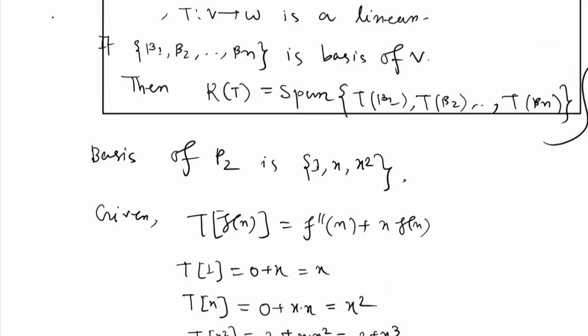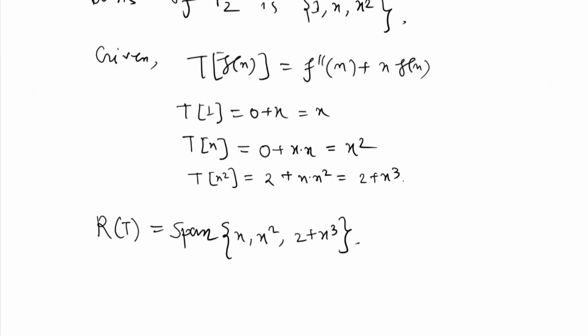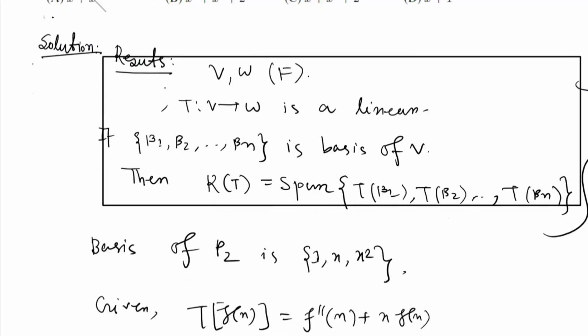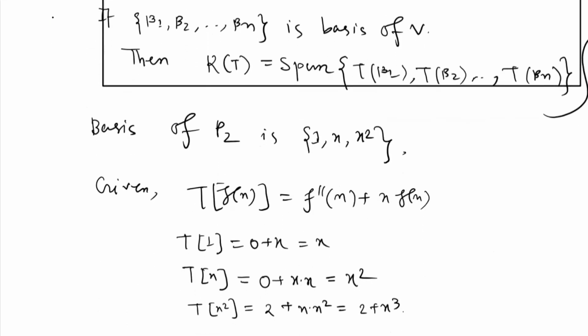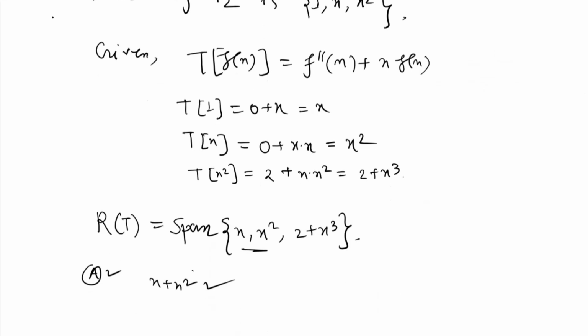Now check the options. The first option is true, because x plus x square belongs to the span of this set. A span means the set of all linear combinations. So option A is a linear combination of x and x square.